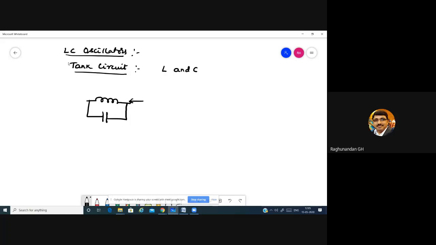Now the inductor will start charging. In an inductor, you know that the energy or the signal we are giving is stored in the form of magnetic field. So this coil is going to be energized and store the energy of the signal in the form of magnetic field.